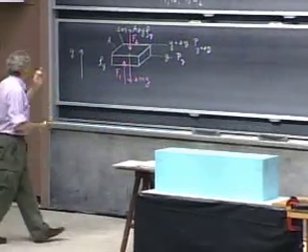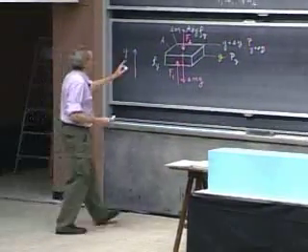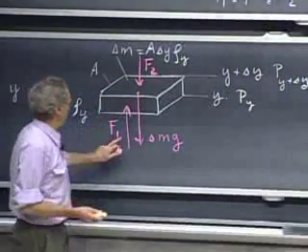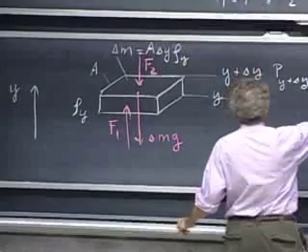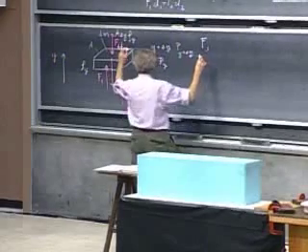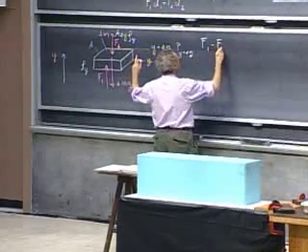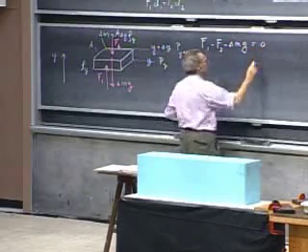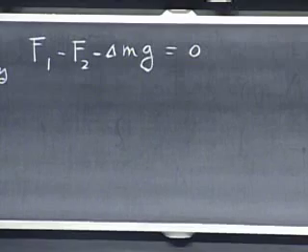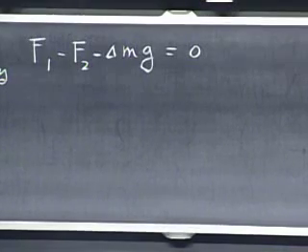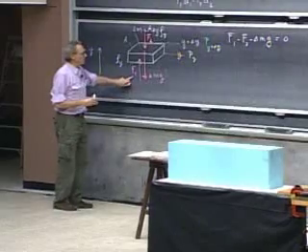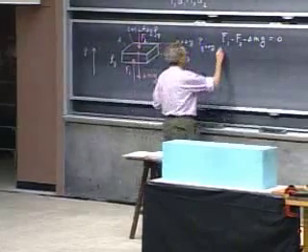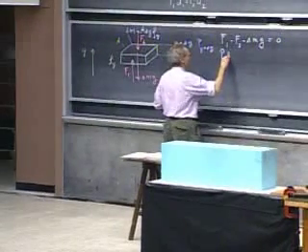So now there has to be equilibrium. This fluid element is not going anywhere, it's just sitting still in the fluid. And so I now have that F1, which is in this direction, minus F2, minus delta m g must be 0. Only then is the fluid element in static equilibrium. But F1 is this pressure times the area, so that is P at level y times the area.